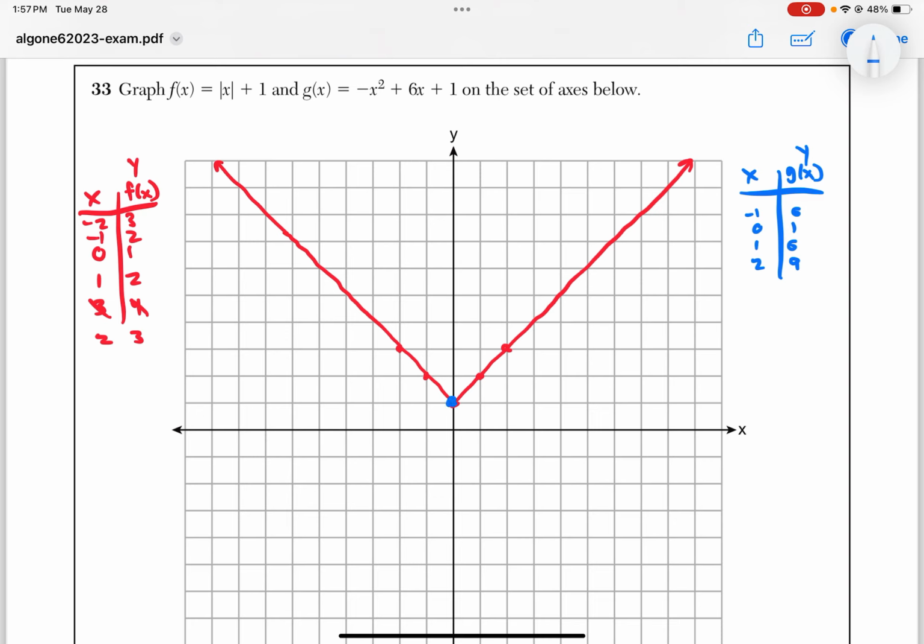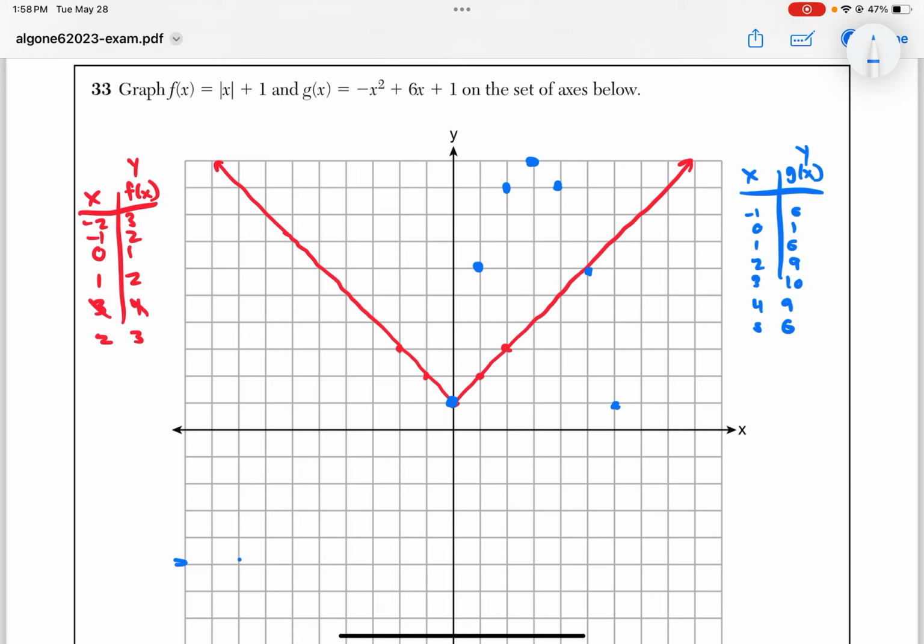So 0, 1, 1, 6, 2, 9, 3, 10. I'm going to keep going because I really want to get the full shape. 4, 9, 5, 6. And at this point, you can kind of see what that one's going to do as well.